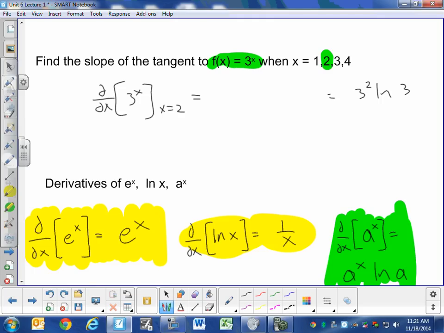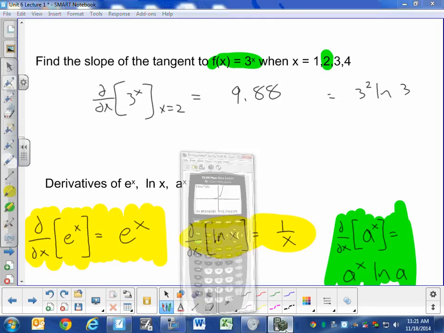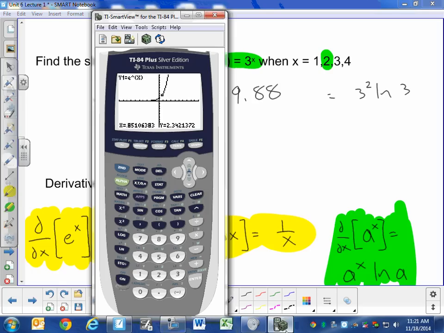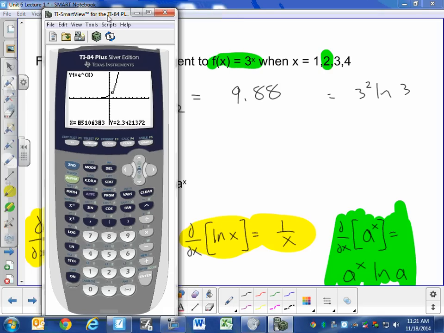Sweet. Now, which way do we prefer, the y equals method or the home screen method? Home screen?